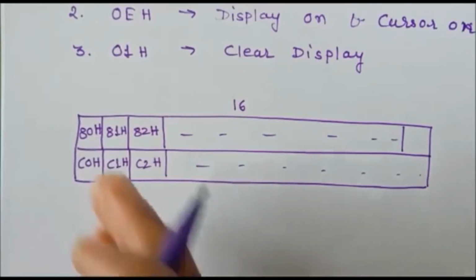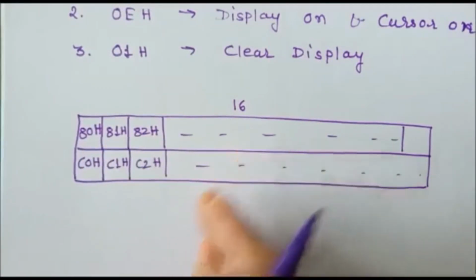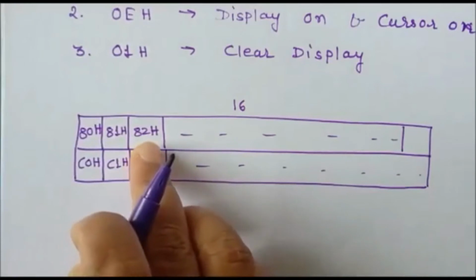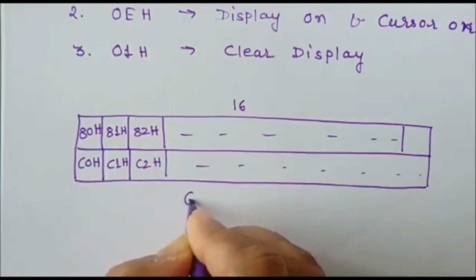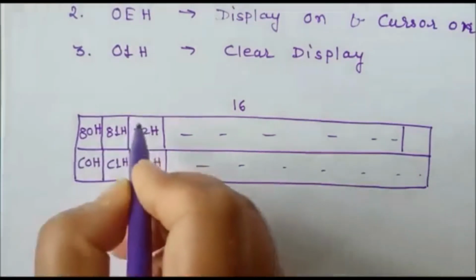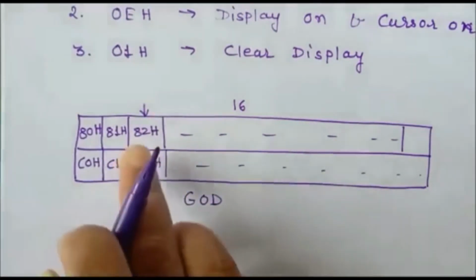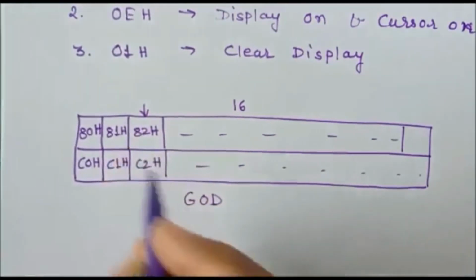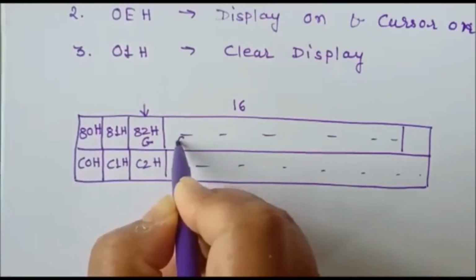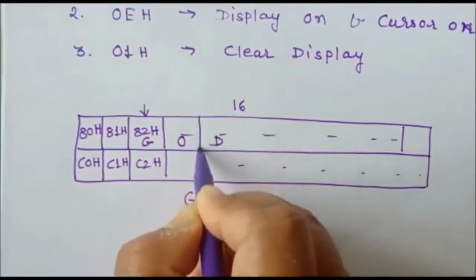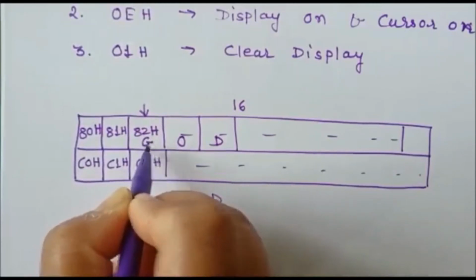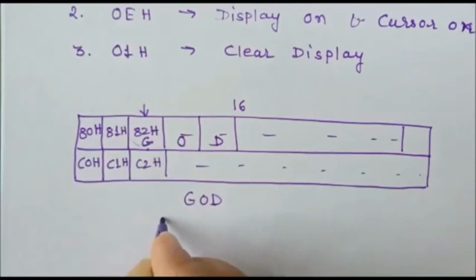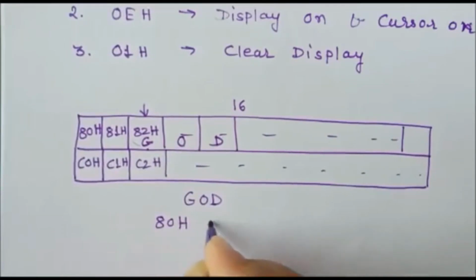Now to display a character at one particular position, first we have to write the address of that particular position in command register. For example, suppose I want to display GOD starting from character address 82H. So here I want to display G, then O and then next character position D. Since I want to display the first character at this address, first we have to write the address in command register.